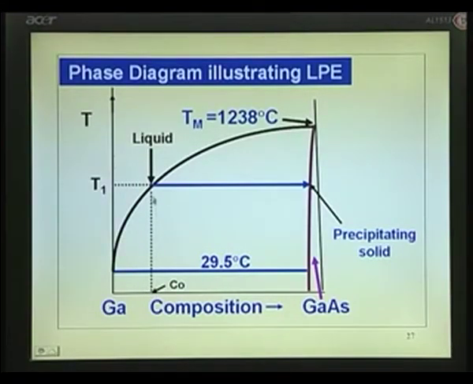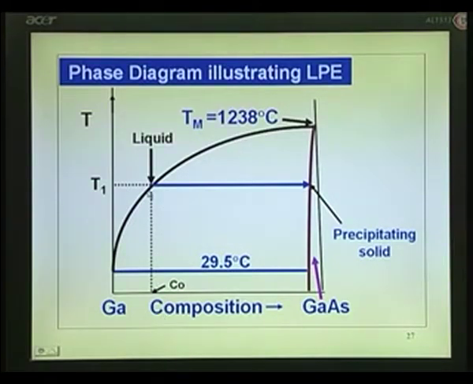So, let us say you keep the substrate in contact with the liquid, okay, which has the composition C naught, some ratio of arsenic to gallium.